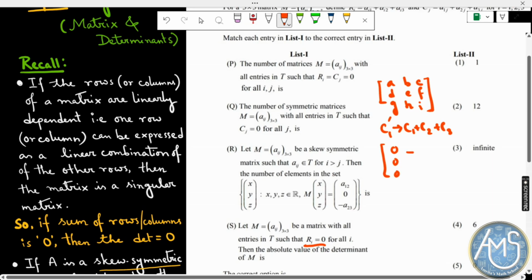Whatever the other elements, if one column is 0, then determinant must be 0. So if row sum is 0, then the determinant must be 0.